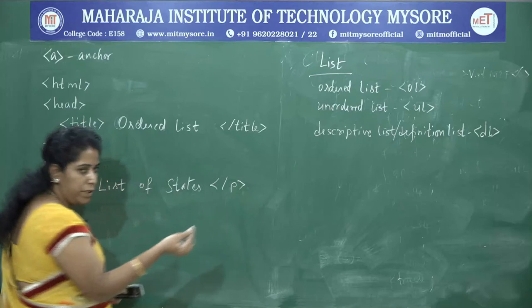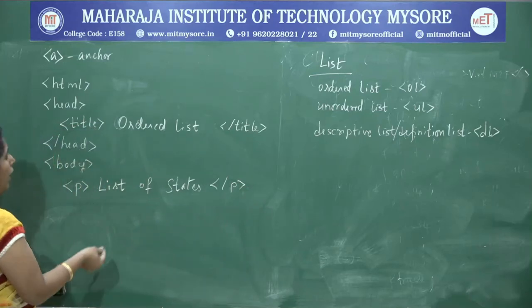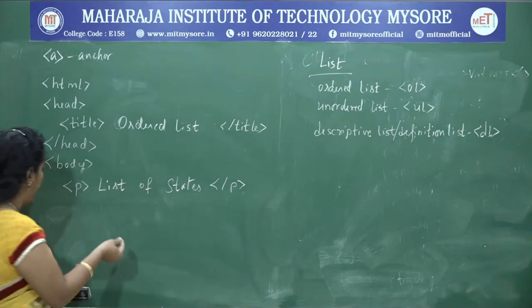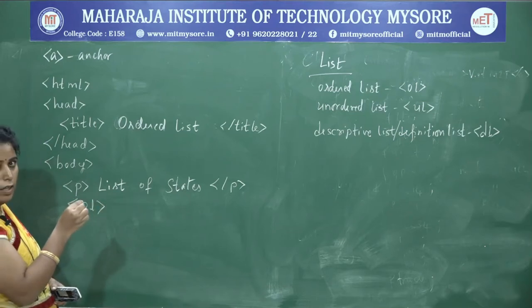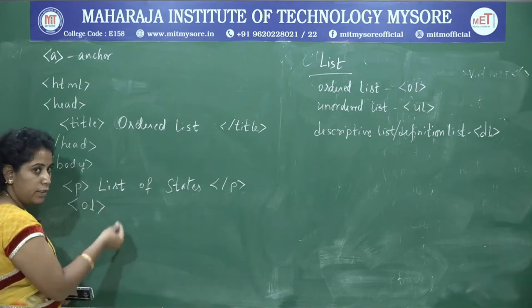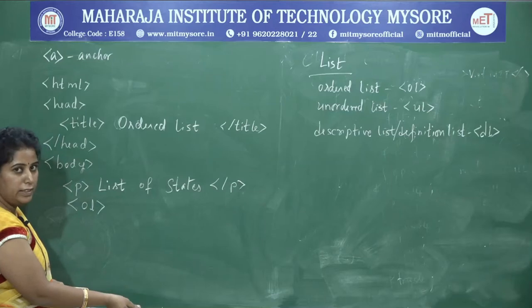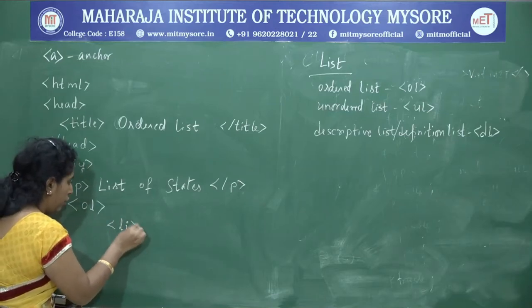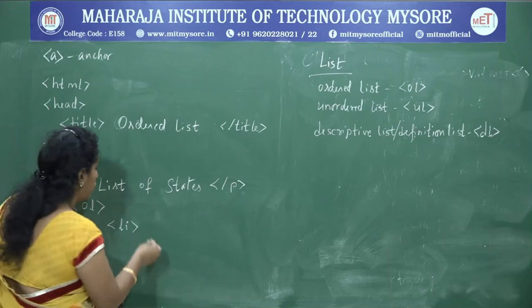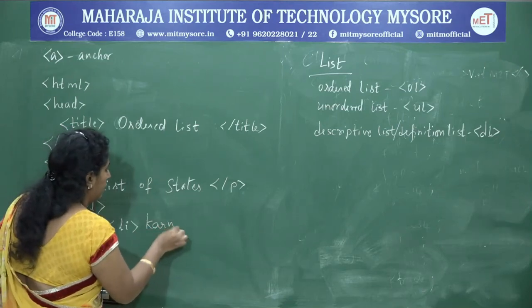This is a message I am printing on the screen. I want to implement an ordered list, so use the tag OL. Inside this, you want to list the states. To list them, I have to use a tag called LI. So Karnataka.